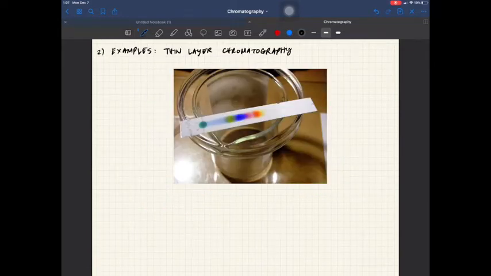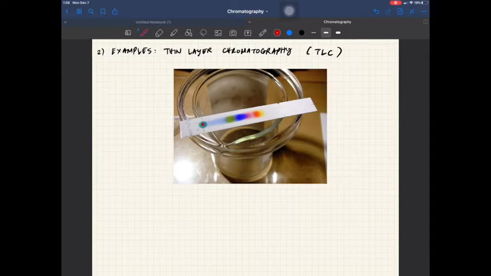Another one is thin layer chromatography or TLC. TLC has the same, actually all chromatographic techniques have the same fundamental principle: the interaction of the analyte to the mobile phase and stationary phase. In this context, we have a sample matrix made up of analyte and some other components, and as they are submerged in a solvent saturated chamber, the solvent will move upwards and the analyte together with the other components will be separated.